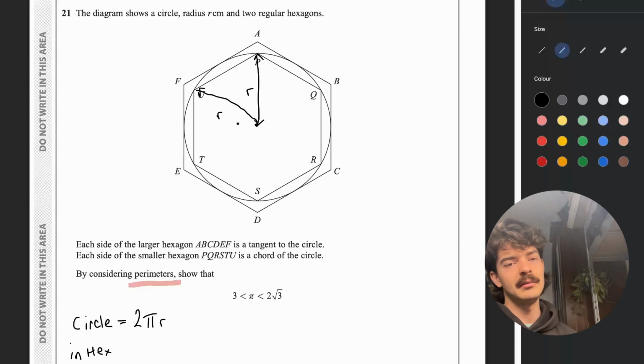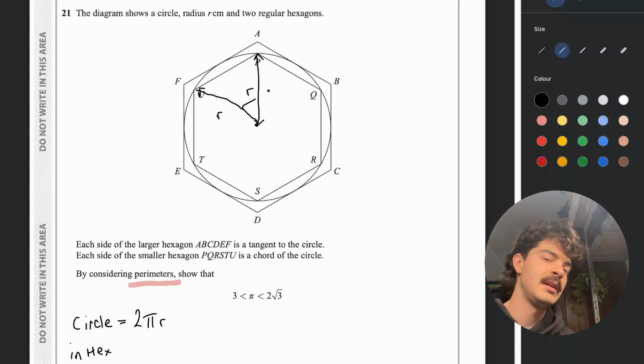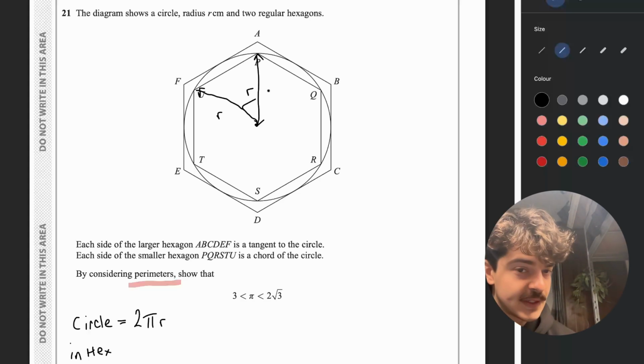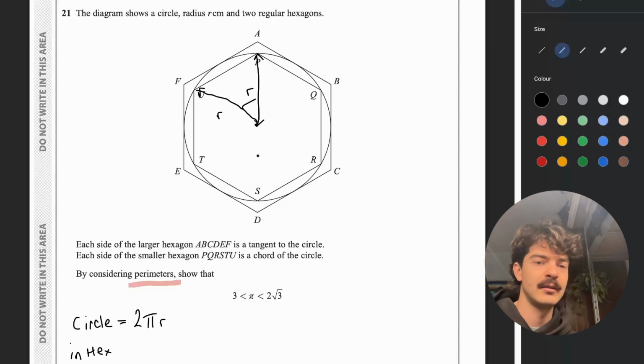Well, we know that the angle on the inside here must be 60. Why 60? Well, think about it. There are 6 sides to this hexagon. And we know that the distance all the way around from a point is 360. So to get this angle on the inside, 60 degrees.